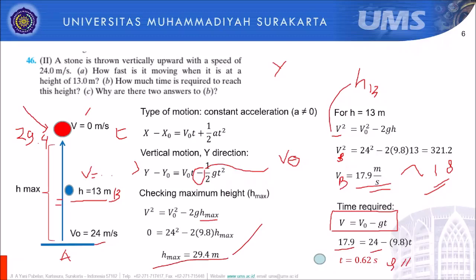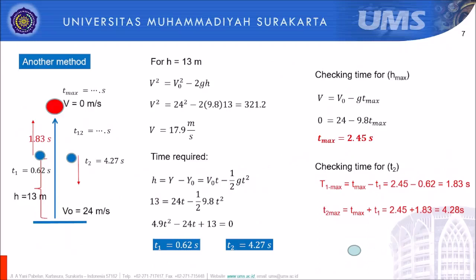The time. Or we can solve this problem using another equation. This is the illustration. This is A, this is the maximum point, B, and this is C. We calculated already the velocity with the same equation.